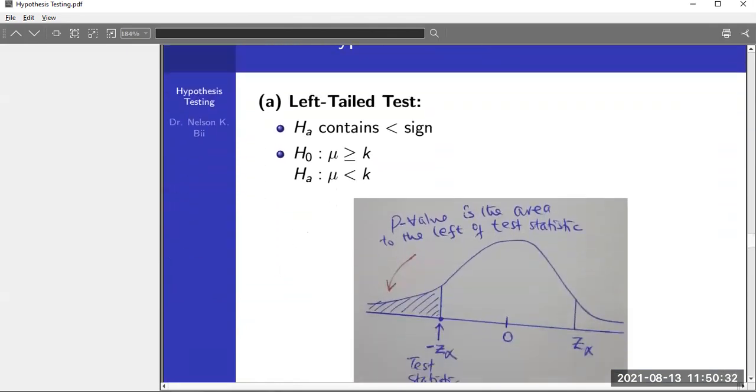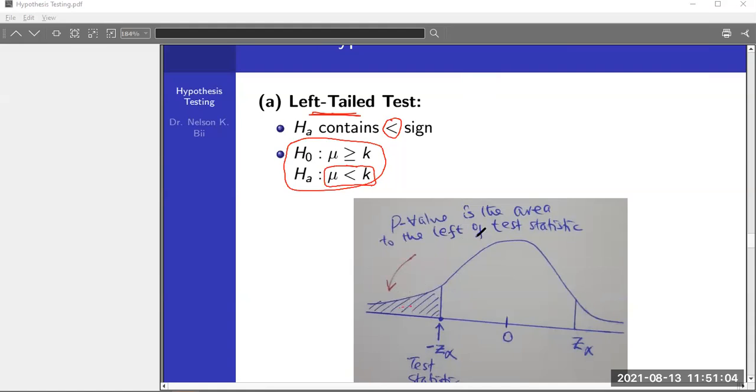This is what we mean by the left-tailed test. When we come across a hypothesis where the alternative hypothesis has the less than sign, that means a left-tailed test. You can see this is what we call the p-value, the area of the shaded region.